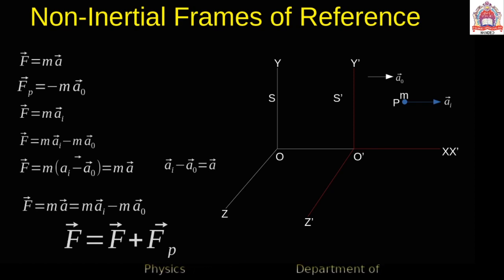That frame is a moving frame. So as per our formula, F dash is equal to F plus Fp, that is mg minus mg, so the resultant force on the particle is 0. That is, the particle is weightless and thus appears to remain suspended in space. Thus the body is unaccelerated in this frame.